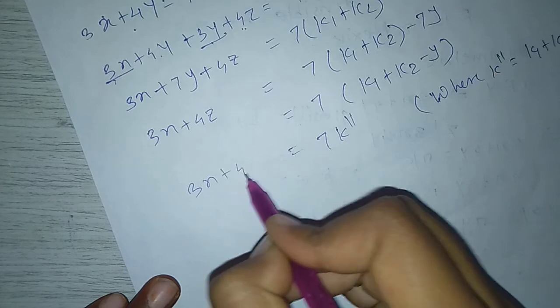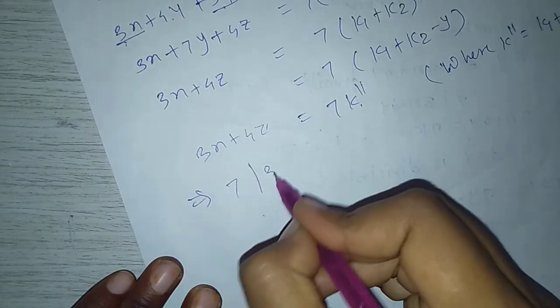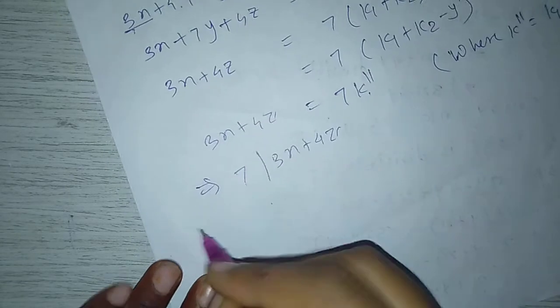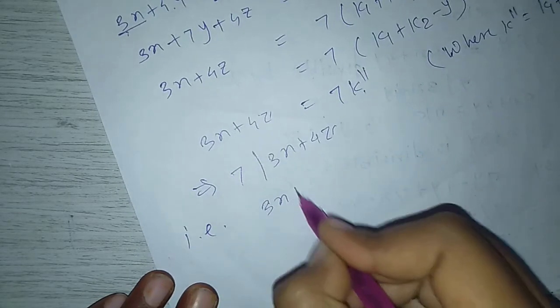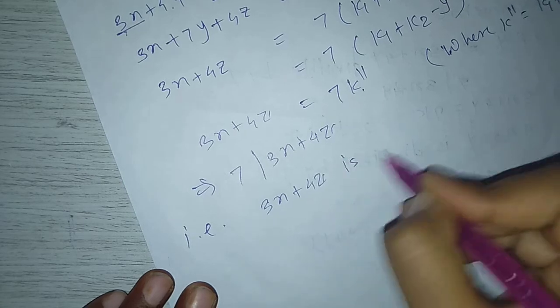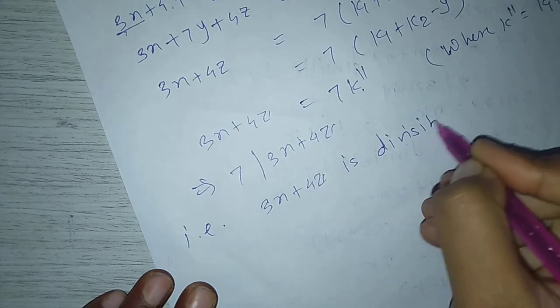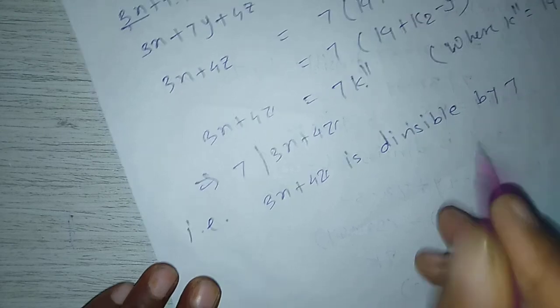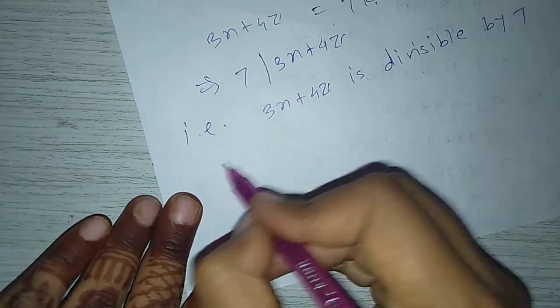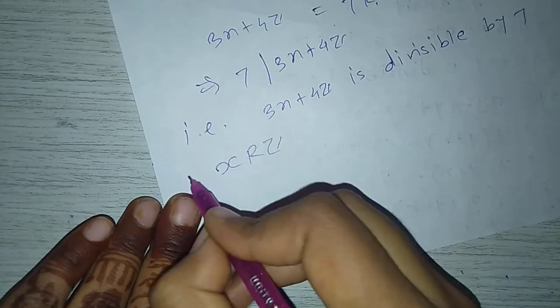3x plus 4z equals 7k double dash, which implies 7 divides 3x plus 4z, that is, 3x plus 4z is divisible by 7, means x relates to z.